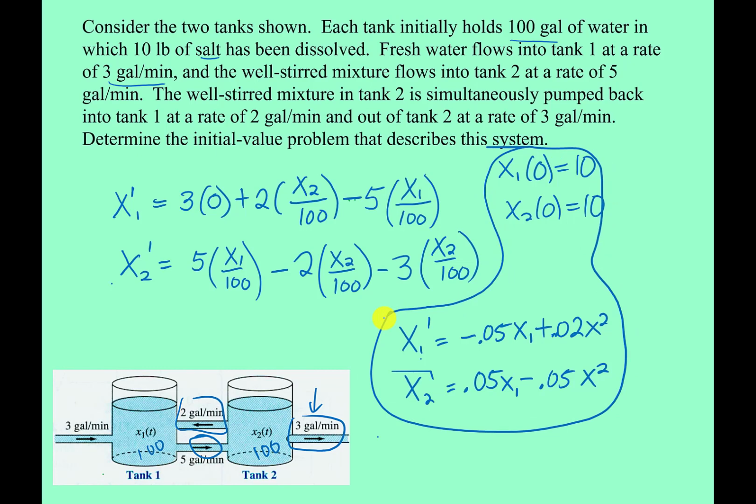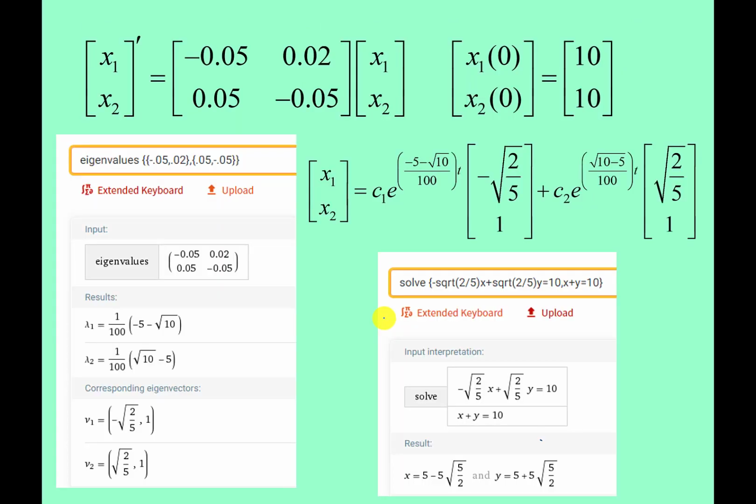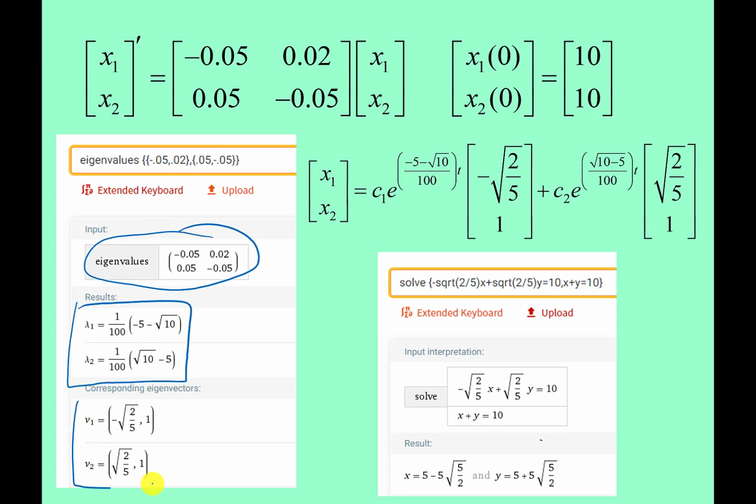It's very involved to solve, and so I would likely have you just set them up because you've got a lot involved to do the solution, and it's not something you'd be able to do on a test. I actually took these differential equations, wrote them in matrix vector form with my initial values there, and went to technology and asked it to find the eigenvalues, and notice it finds the eigenvalues, which are kind of crazy looking, and it also finds the eigenvectors.